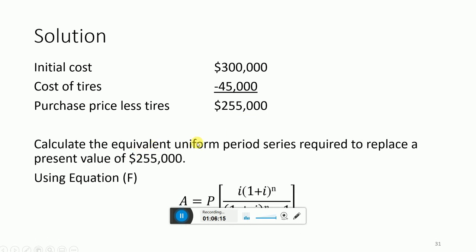So now we have to calculate the equivalent uniform period series required to replace the present value of $255,000. So we have to use our equation F, which we have discussed in our previous lecture.